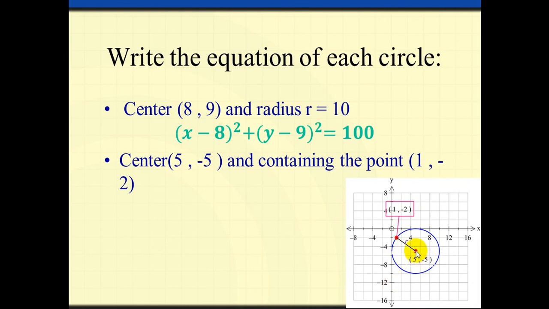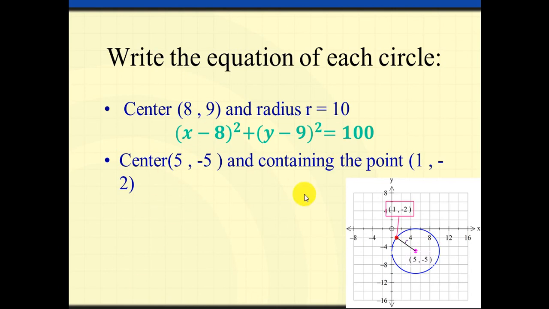The center of the circle is (5, −5), and the circle passes through the point (1, −2). We know that to write the equation of the circle, we need to know the center of the circle and the radius length. But here we have only the center.